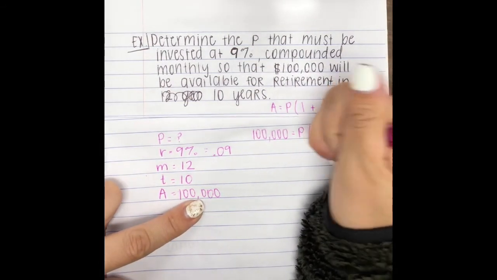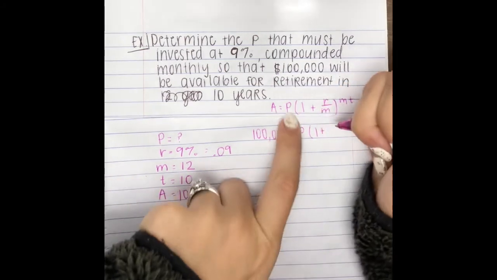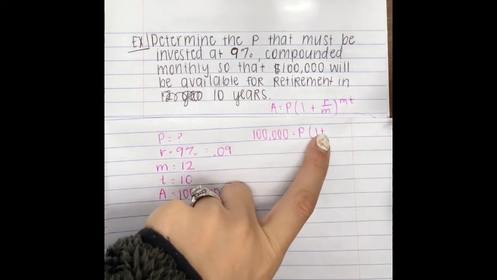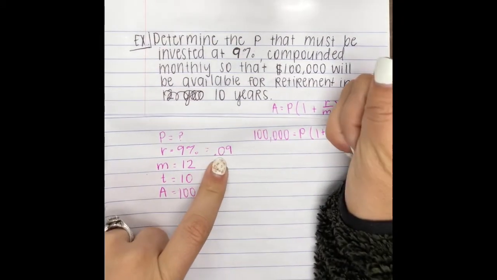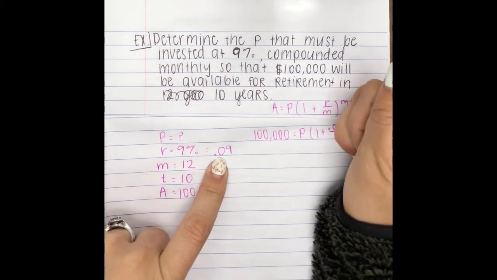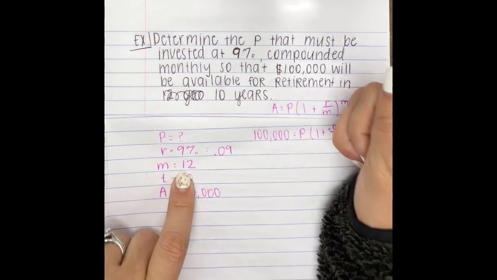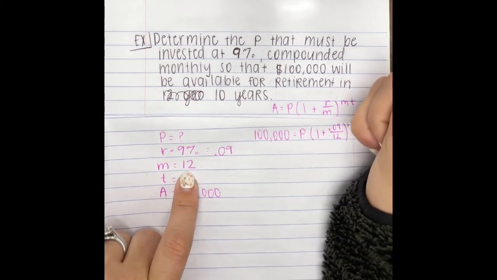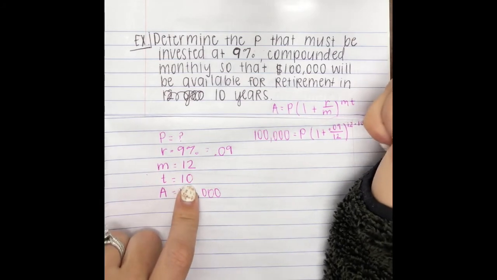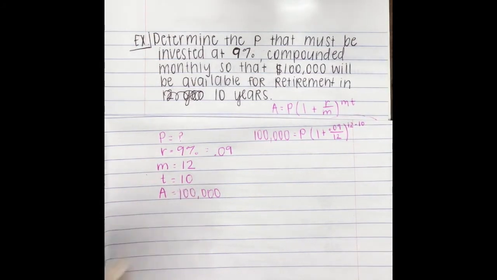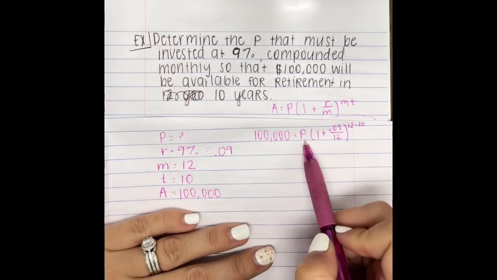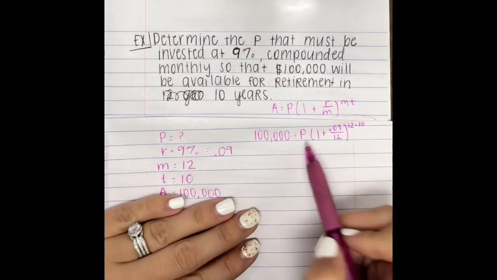So I'm leaving my P as a P because I don't know what it is. I'm bringing down my parentheses, 1 plus, and for R I'm putting 0.09. For M we have 12, and then it's raised to M, 12, times the T, which is 10, okay? So I'm trying to find P, which means I need to get P by itself.